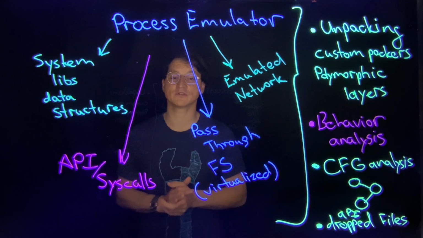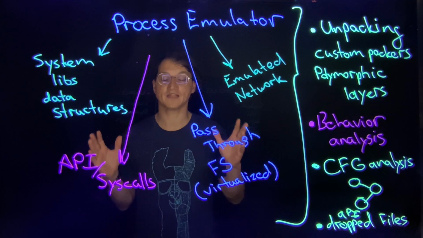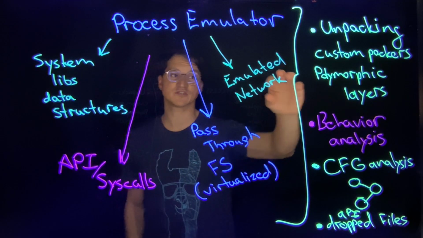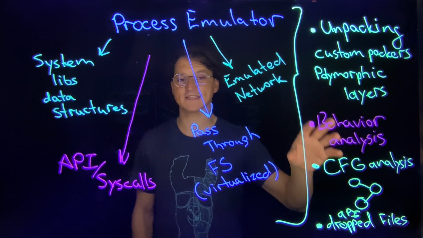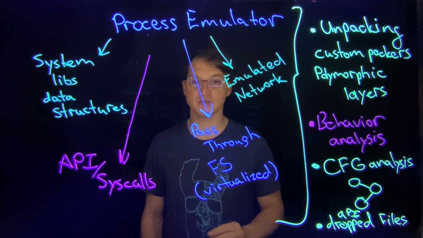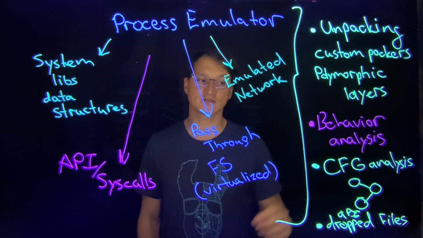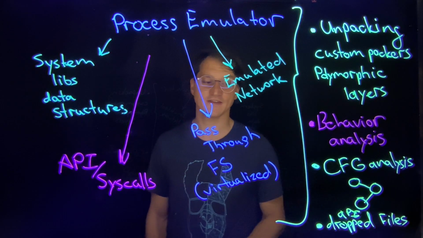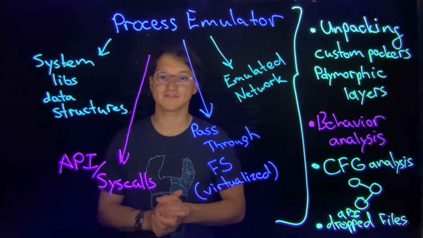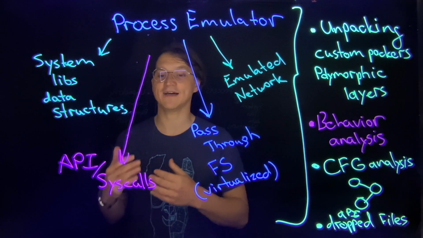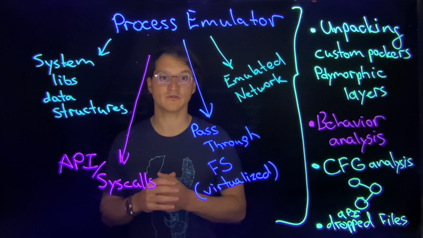As you can see, the process emulator did not just allow unpacking and reduction of the polymorphic layers. It also opened the gates to much more sophisticated analysis, such as behavior analysis based on API calls and parameters, control flow graph analysis, API graph analysis, and dropped file detection analysis as well. So it was a very powerful step forward which allowed antiviruses to compete with polymorphic malware.